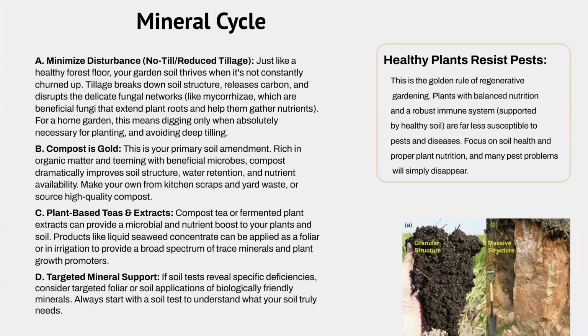So doing at least a baseline soil test, a complete test, all the micronutrients, would be beneficial if you want to be serious about doing regenerative practices, because we can look at those micronutrients that might be deficient.